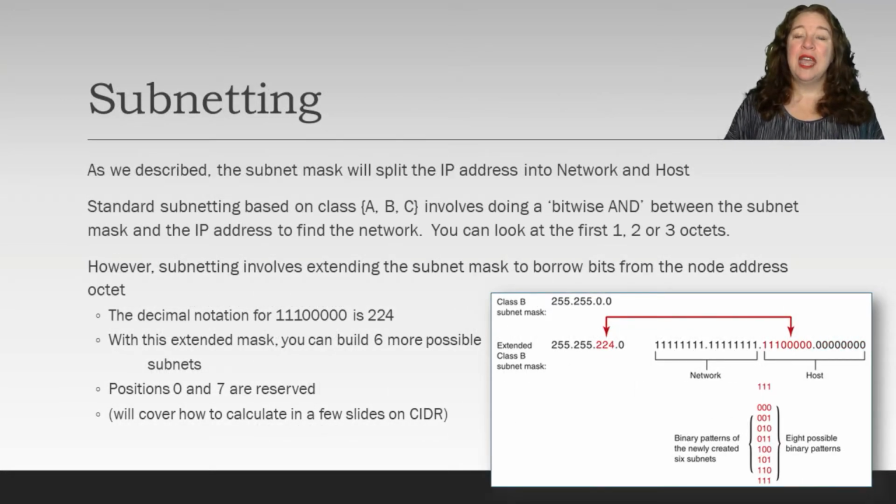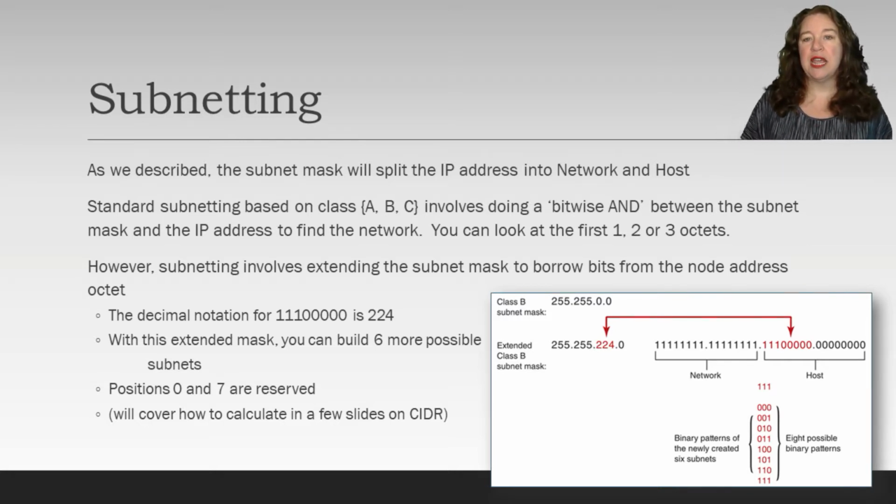Okay, as we described a couple of slides ago, the subnet mask splits your IP address into network and host. Part of it is the network, part of it is the host. Our standard subnetting bases it on class A, B, and C. You can take the first 8 bits to be class A, second 8 bits class B, and the first 3 octets to be class C. And then do that bitwise AND to be able to find your network versus your node.